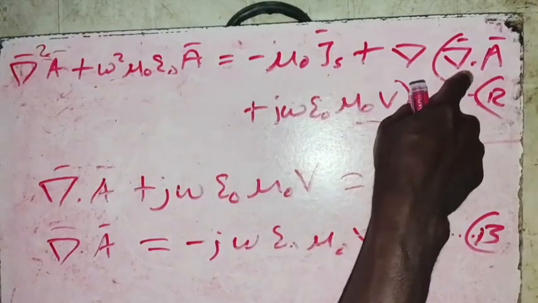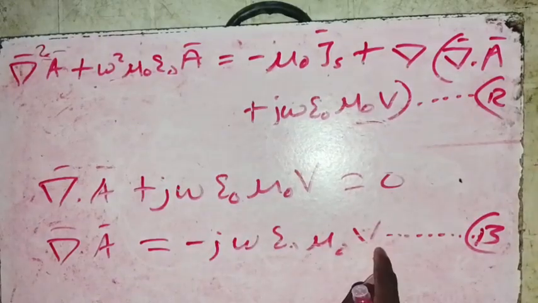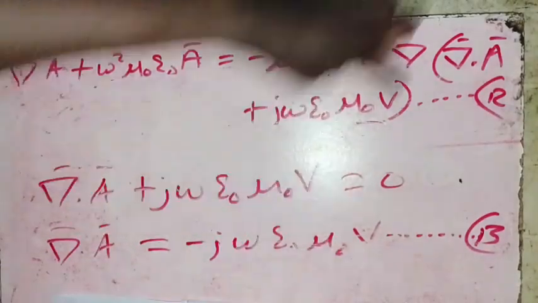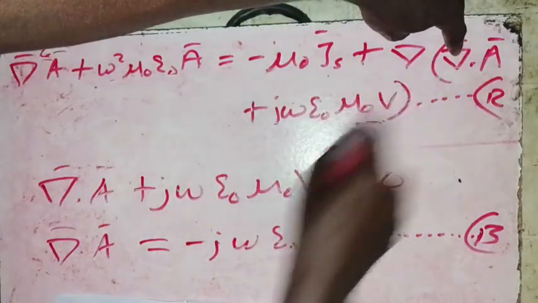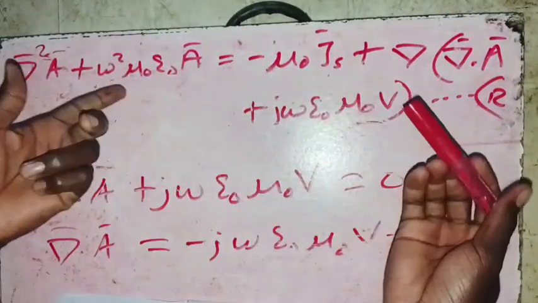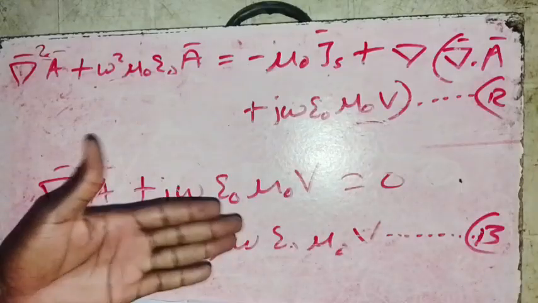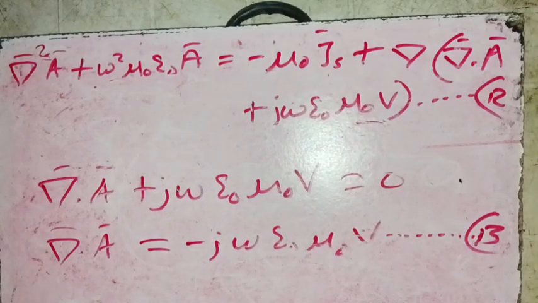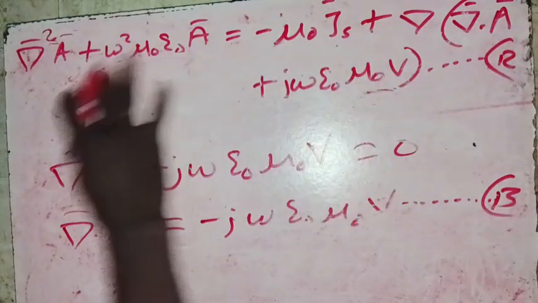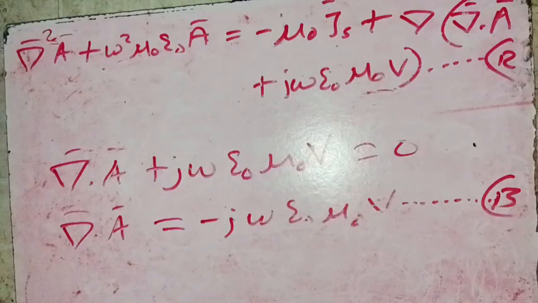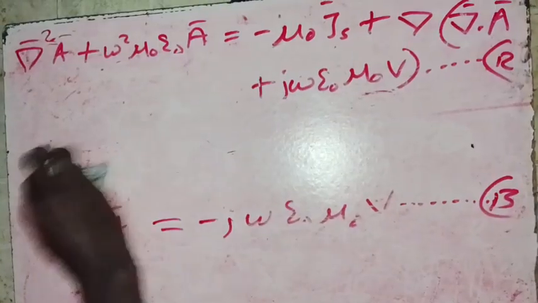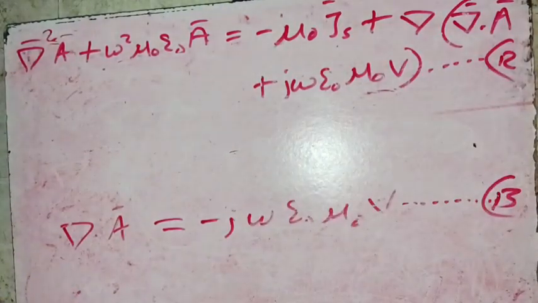You are using this one to replace this, meaning you now have negative this, positive this. I don't want to write the whole thing again. So negative this, which is what we have here now, plus this, will be 0. The same thing, negative and positive, will cancel out, so you get 0 there. Meaning equation 12 will now become: everything here will be 0.